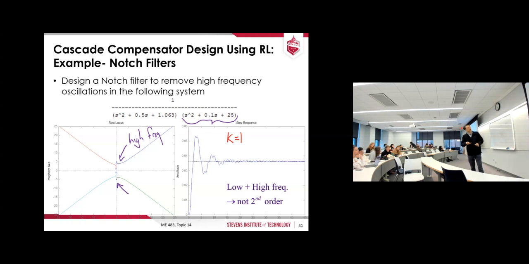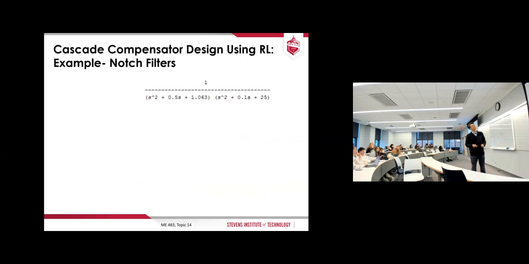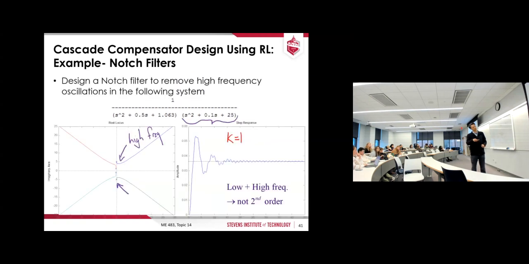How do you solve this problem? This may be okay, also this could be controllable, but what about this? This has to be removed. So that's where the notch filter comes in. So for example, this is your original system, which gives this transient response, and then there's this permanent noise problem, okay?